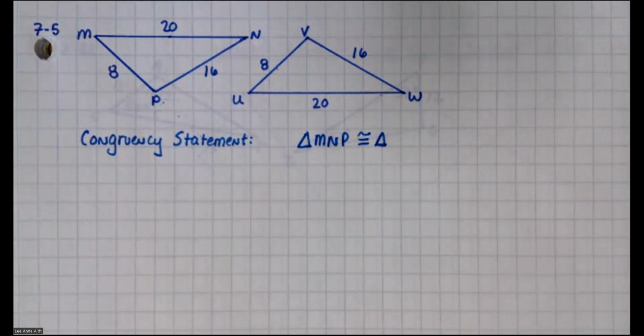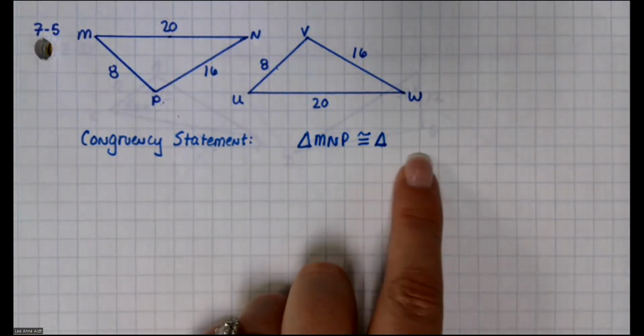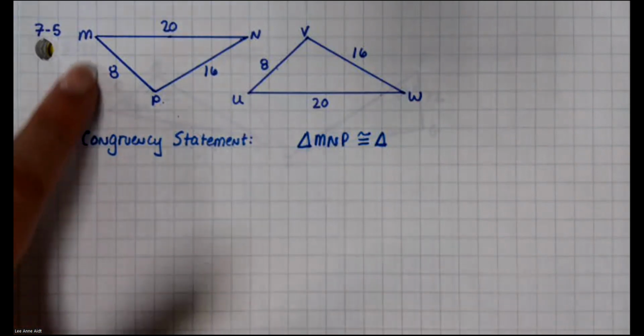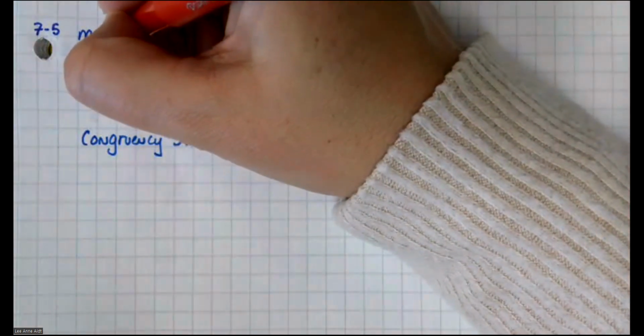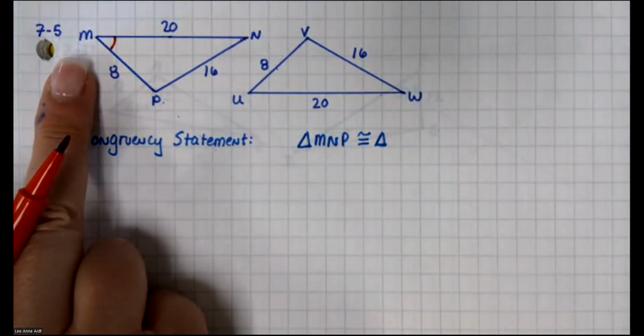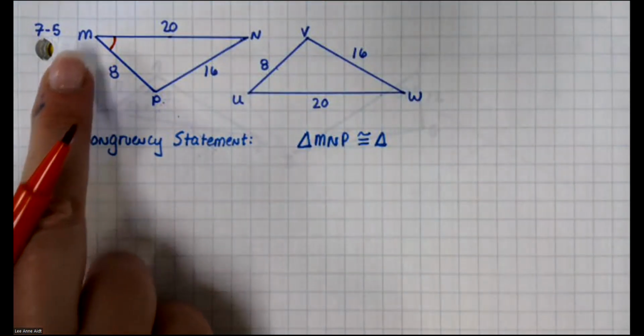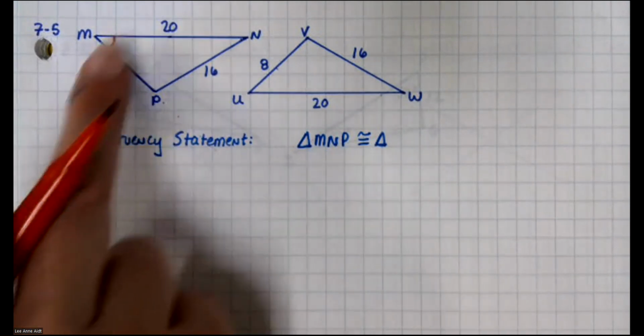Now this is really, really important. You have to write the letters in the second triangle in the same order that the first triangle is written in. What I mean by that is I started with angle M, right? Do you see that M is between the 8 and the 20?